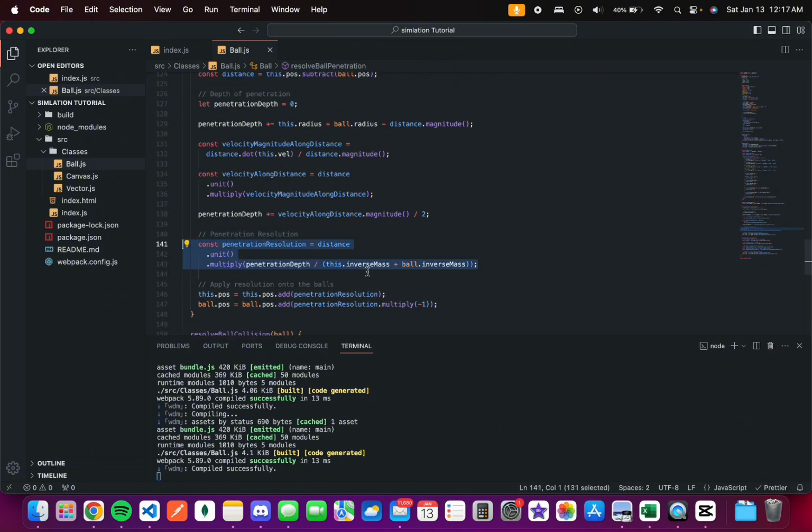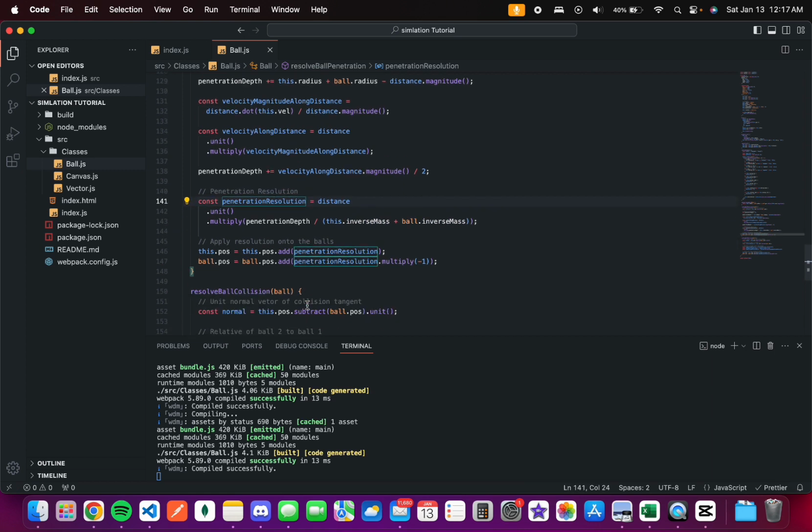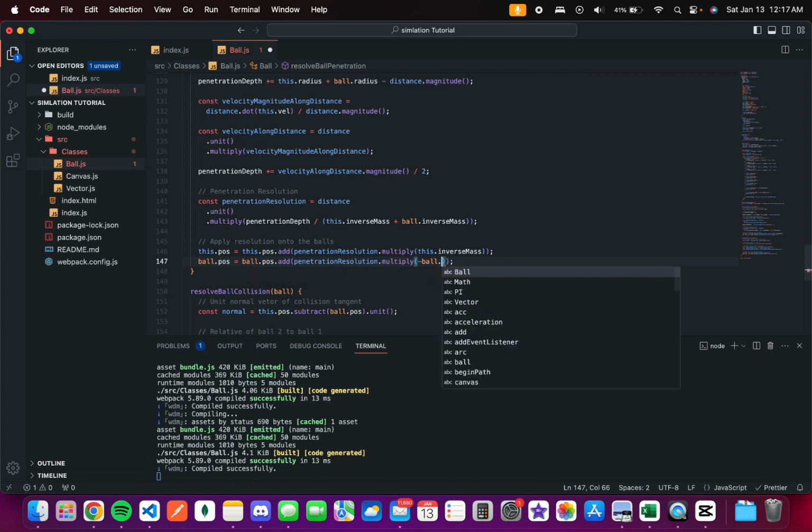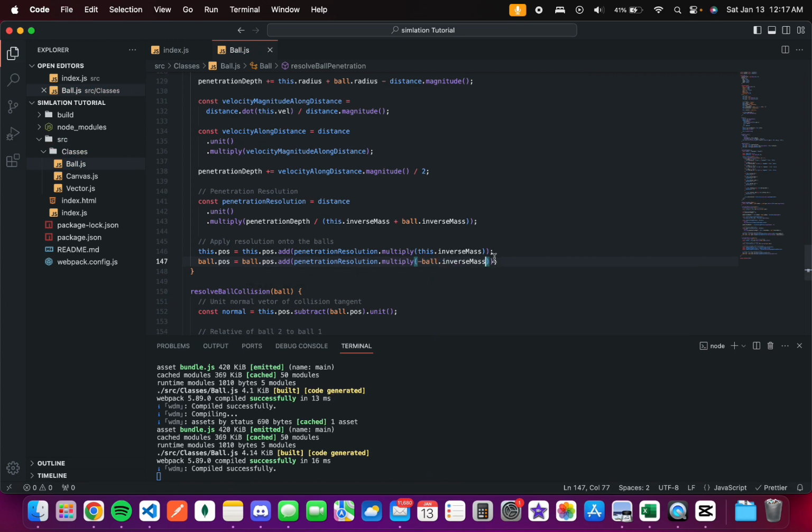This is done because in the real physics equation, this is what we have to do so that we can get the penetration resolution, or the velocity. And so over here, we'd multiply this by this.inverseMass, and we'd remove this and multiply by ball.inverseMass. So now this accounts for the ratios of the mass.